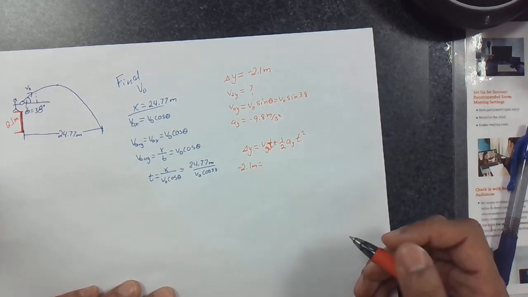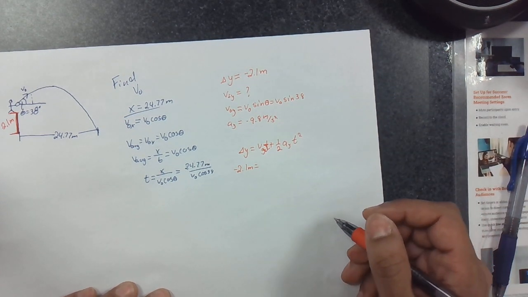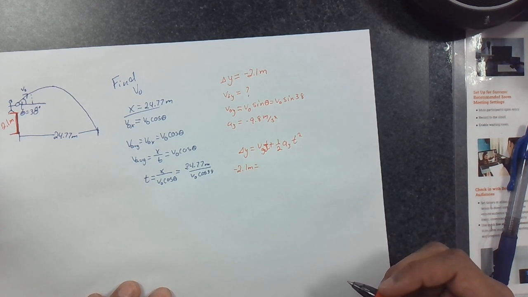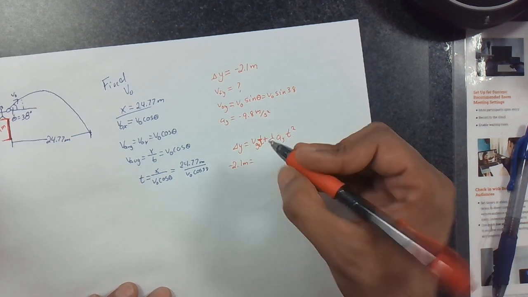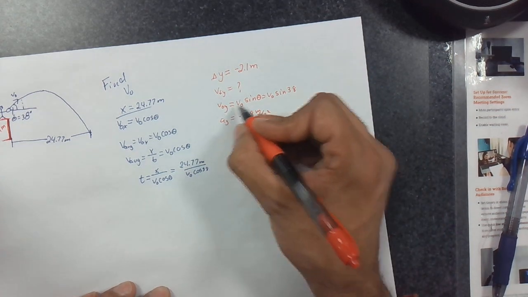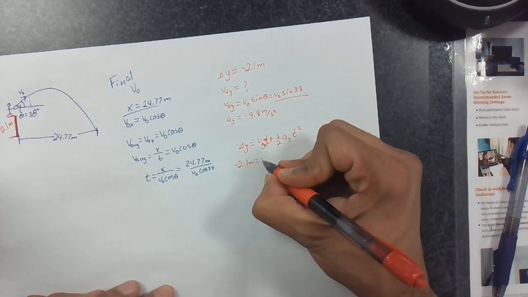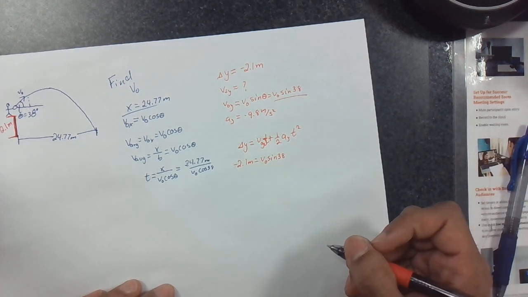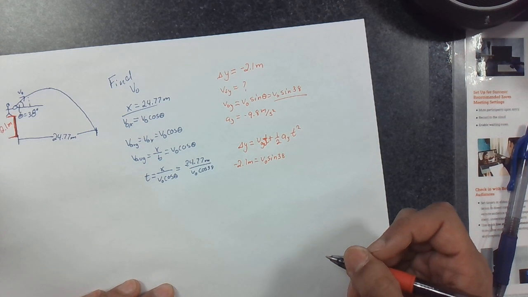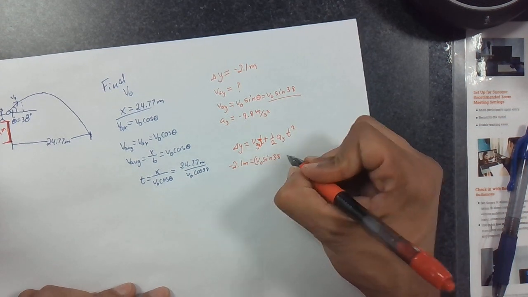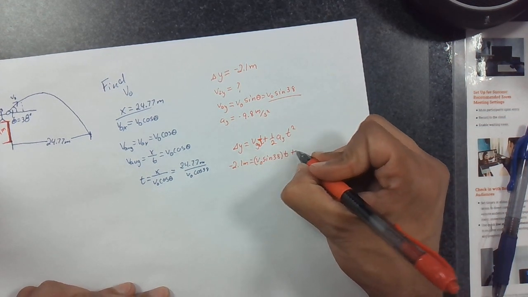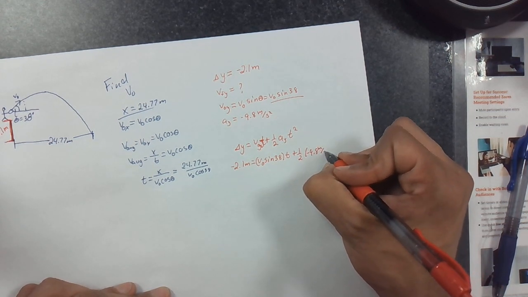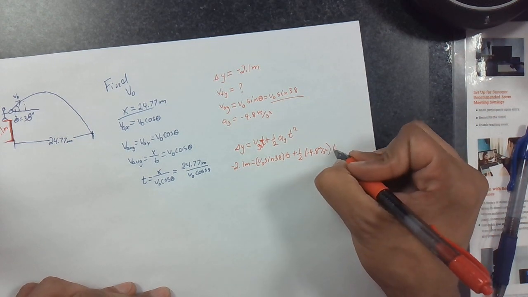There you go. For v naught y, we can plug in v naught sine 38 times t plus 1/2 times minus 9.8 meters per second squared, t squared.